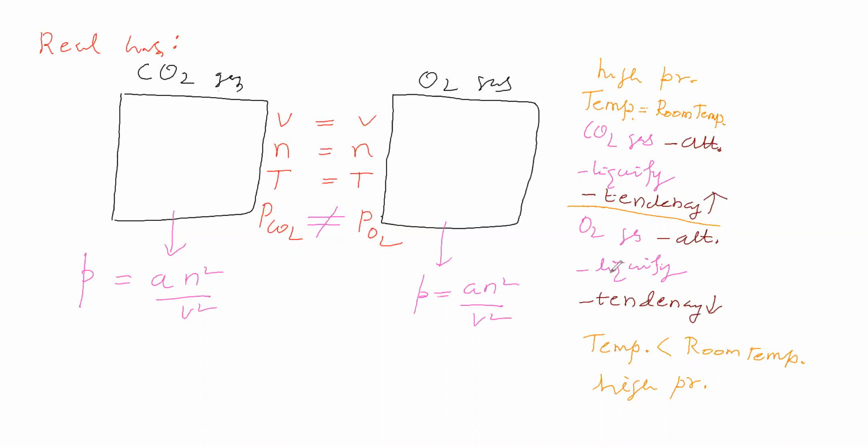Either carbon dioxide gas or oxygen gas? We can say that liquefying carbon dioxide gas is easier when compared to oxygen gas. Why? Because it liquefies at room temperature itself, whereas the other needs less than room temperature. So it indicates that carbon dioxide is easily liquefied and oxygen is not easily liquefied.